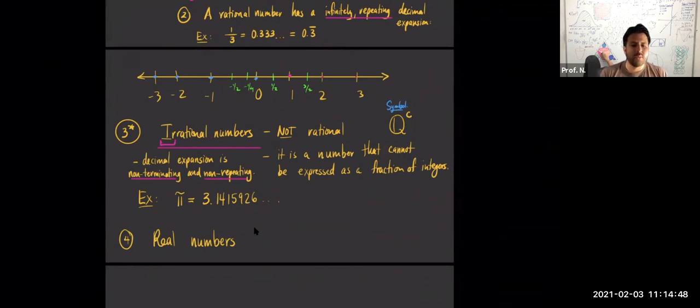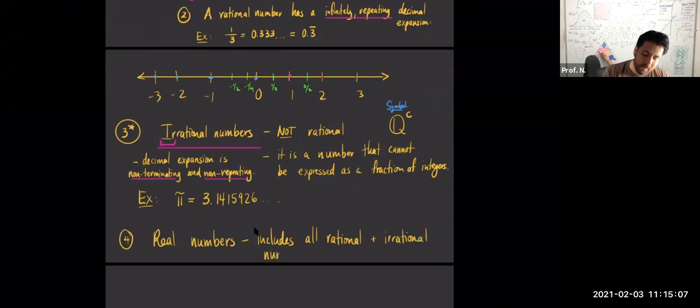Real numbers. When you talk about a real number, you're talking about a number that's either irrational or rational. So this includes all rational and irrational numbers. And there is a symbol for this.